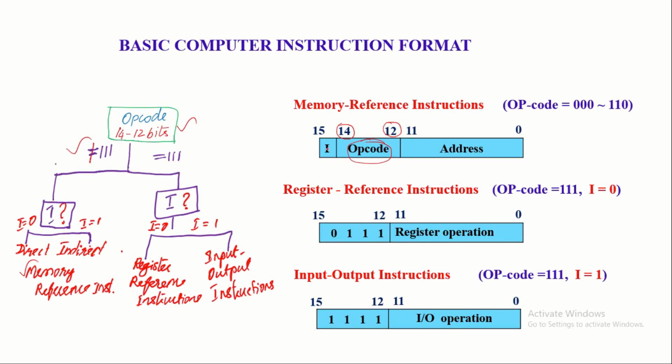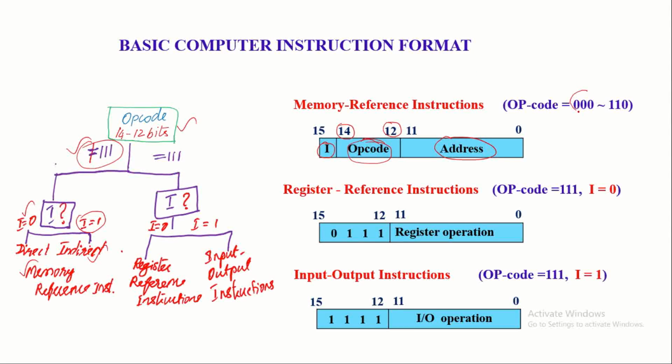If the I bit value is set to 0, then the memory reference instruction is said to have a direct address in the address part of the instruction. And if the I bit value equals 1, then the address part of the instruction contains the indirect address of the operand. The opcode value in a memory reference instruction never has 111.